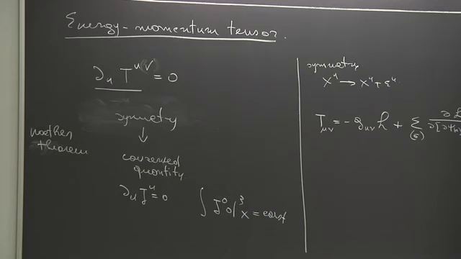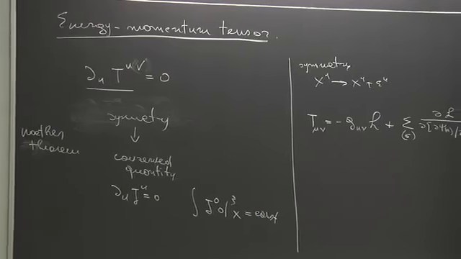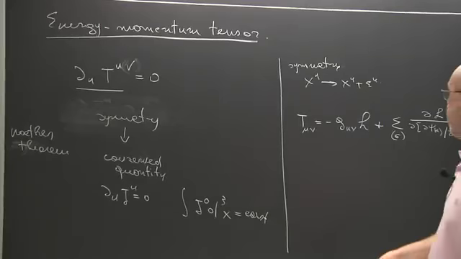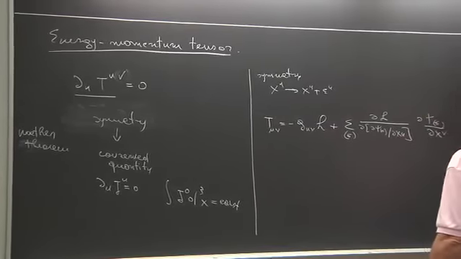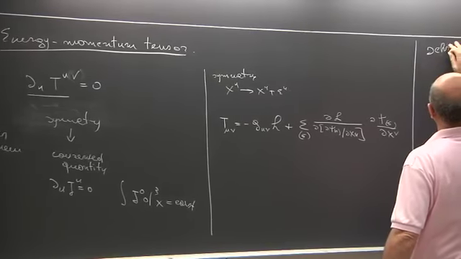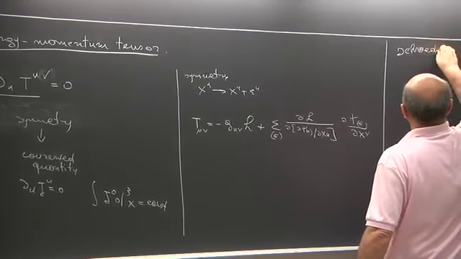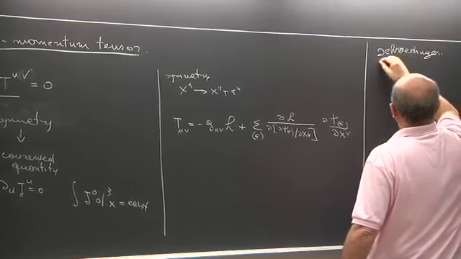Okay, now let's apply this to the Schroedinger case. That means we have first to find which is looking at the wave function.